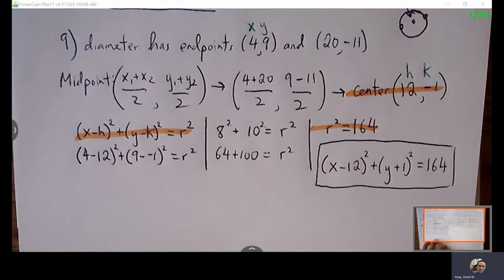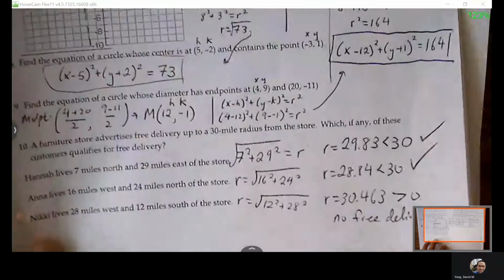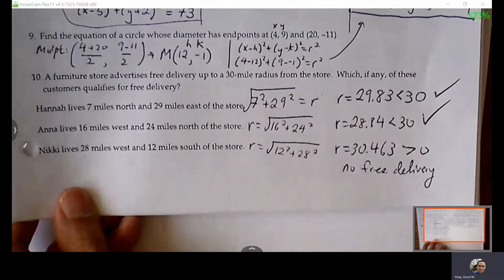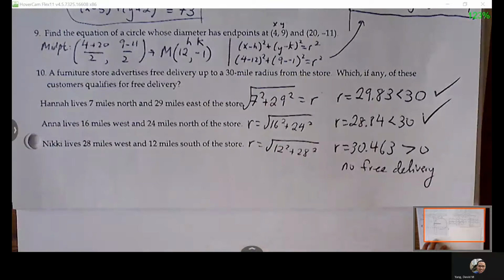Okay, is everybody still working on number 9? Okay, here's 10. Greater than 0, greater than 30.